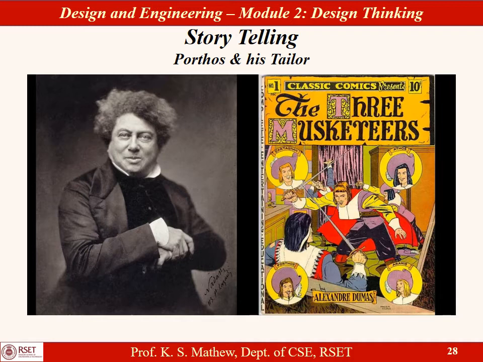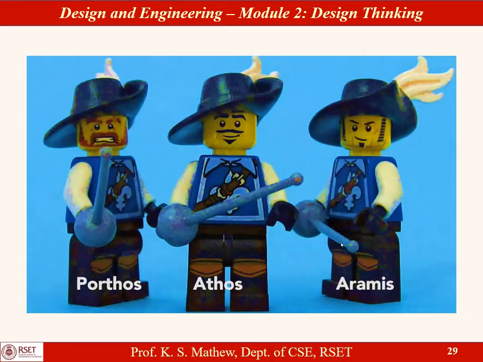But Porthos is the main character of my own story, that is Porthos and his tailor. Now I will try to tell some characteristics of Porthos. Who is Porthos? The Three Musketeers. So this is the figure of Three Musketeers: Porthos, Athos, and Aramis. They are the Three Musketeers in the story of Three Musketeers by Alexandre Dumas.